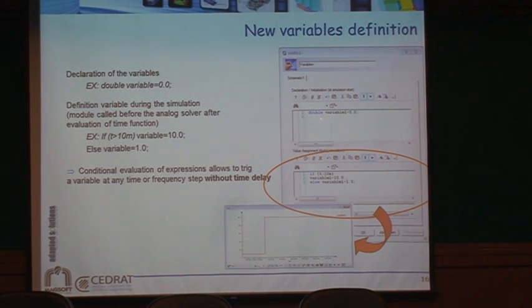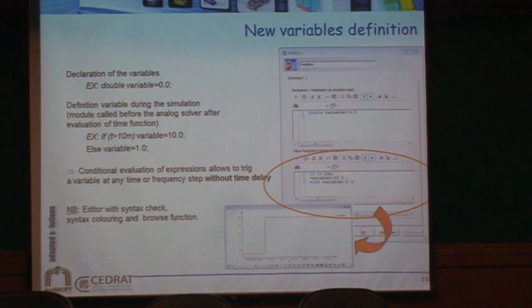If the time is less than 10 milliseconds, then the variable is one; if the time is bigger than 10 milliseconds, the variable is 10, otherwise it's 1. Here you get the function. So you can get any function you want. And the editor, you can see it's colored, so it helps you avoid making mistakes.